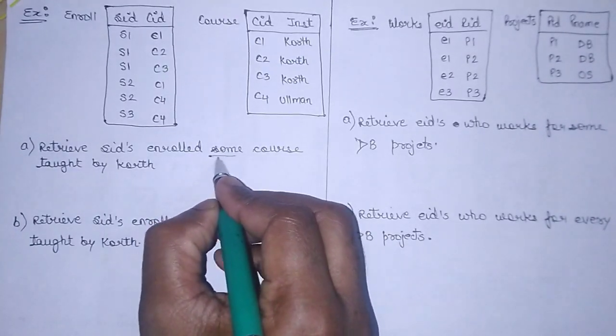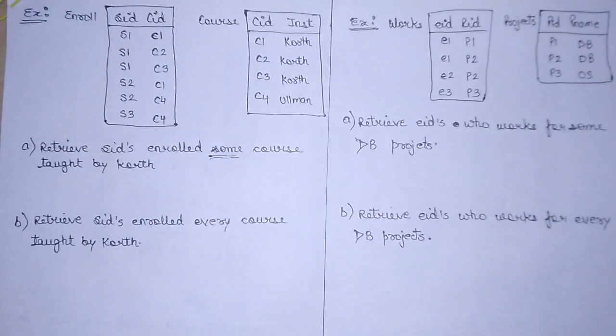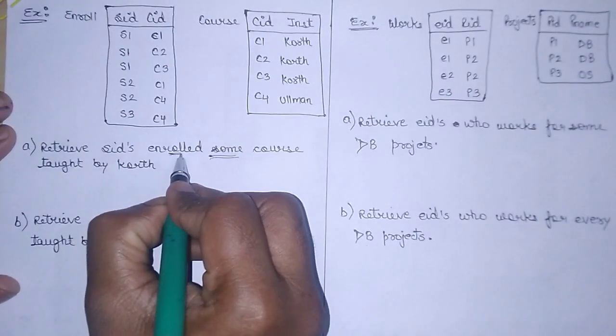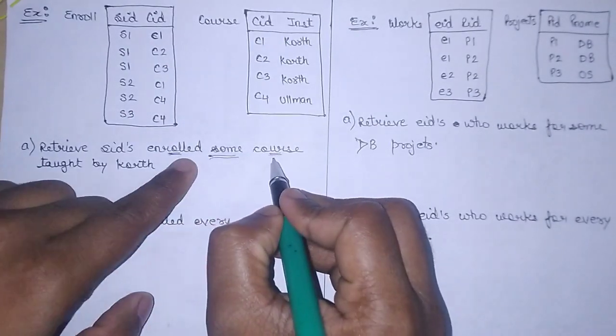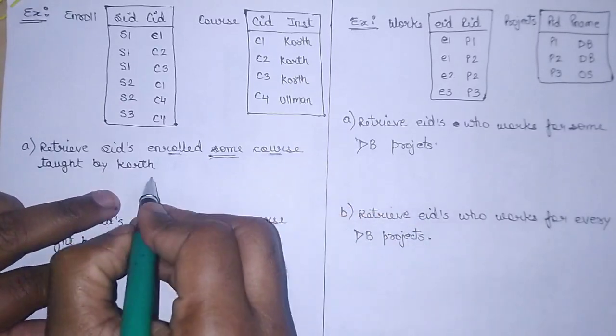So you got that keyword. Here we are having some. Some means we do not need to use the division operator, because we use the division operator in case of every, right? So how can we find out? Just simply perform the join between enrolled and course. Like what?